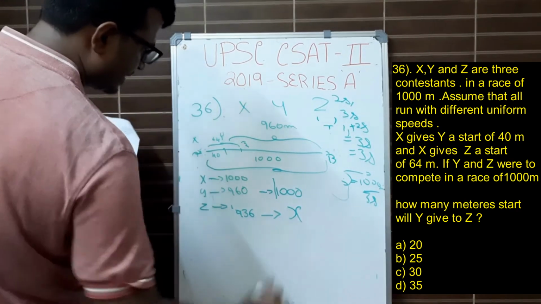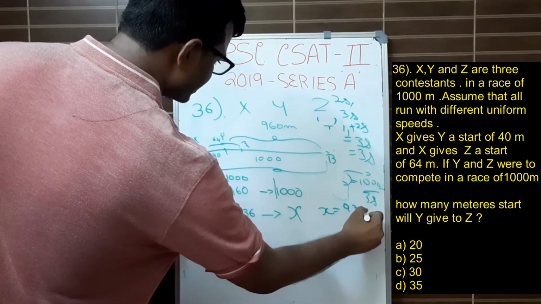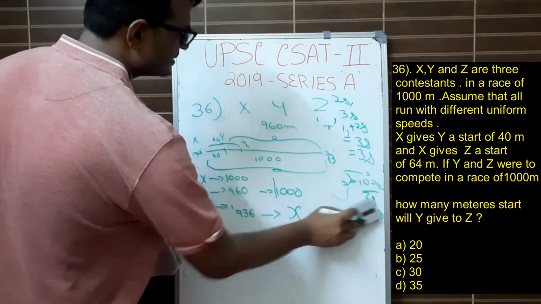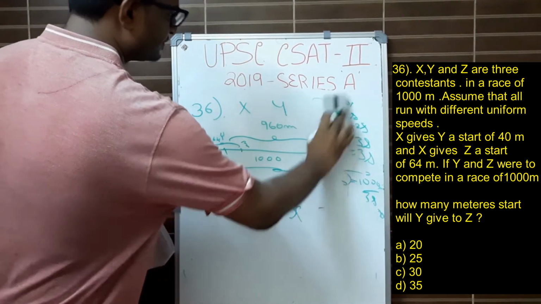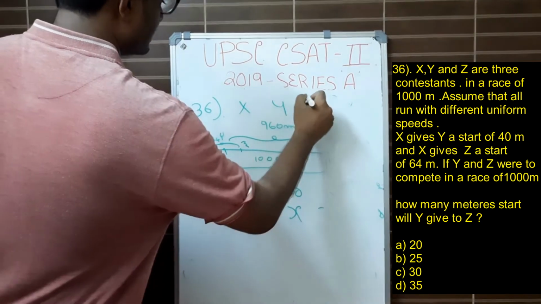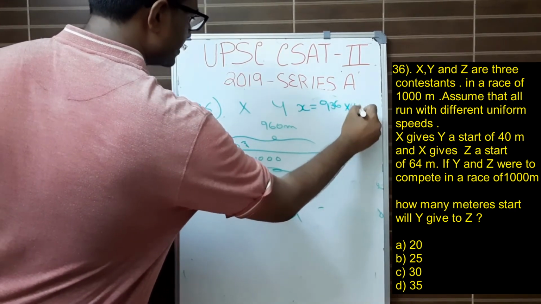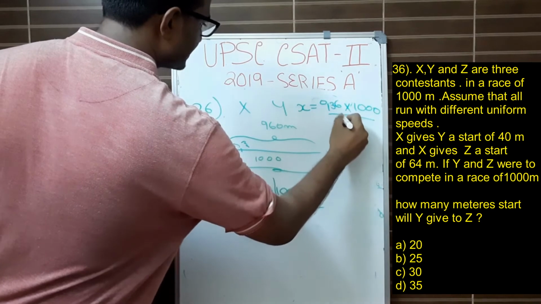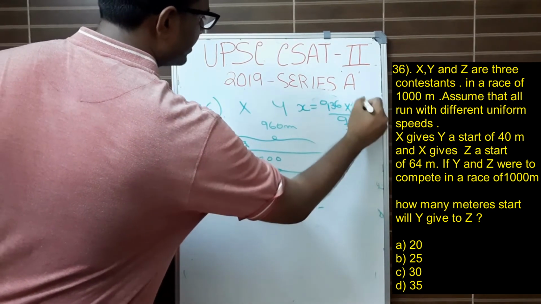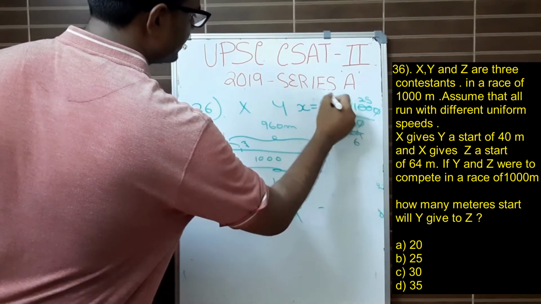So if we try to calculate the value of X, then we get X is 936 into 1000 by 960. 24 and 25, 4, 6, 9, this becomes 2, 3, 4, 234.